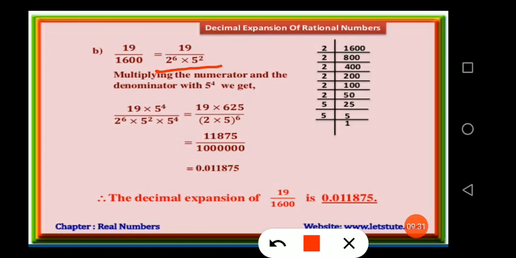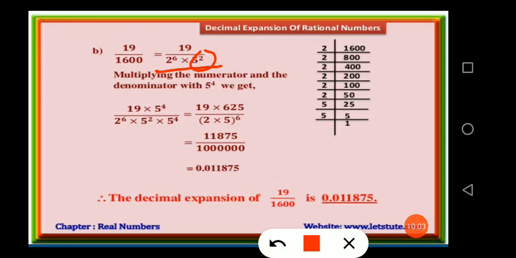The denominator's prime factorization is 2 to the power 6 into 5 square. Now we have to pair every 2 with a 5. We already have two 5s, which we can pair with the 2^6.